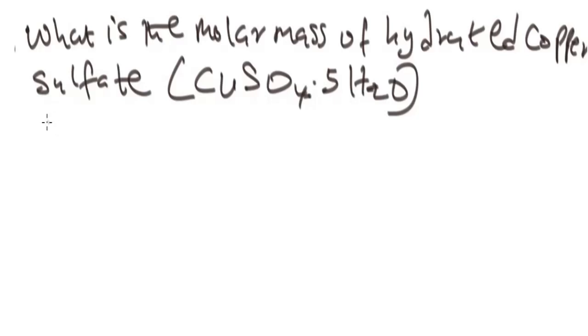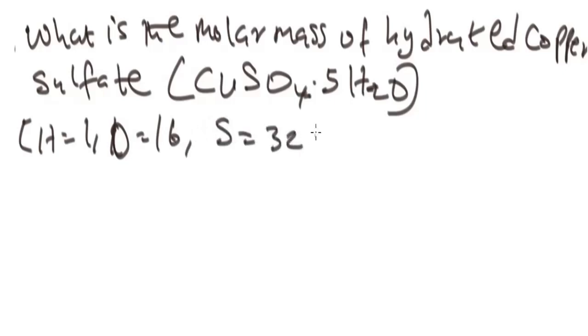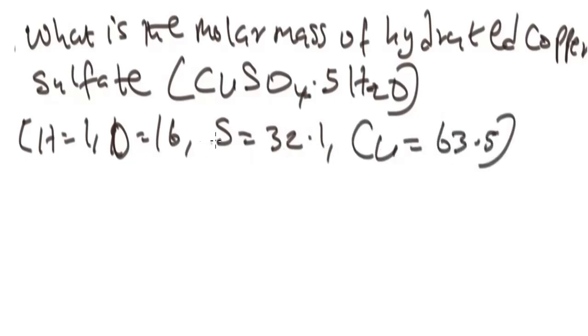We are given the relative atomic masses: hydrogen is 1, oxygen is 16, sulfur is 32.1, and copper is 63.5.